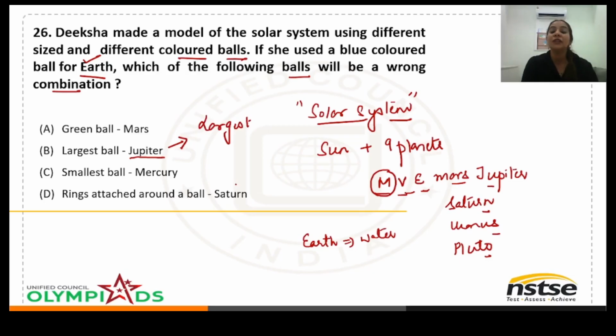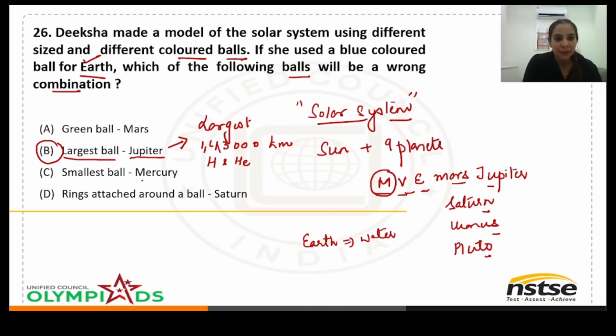Let me tell you that its diameter is approximately 143,000 kilometers. Also, it has an atmosphere which is made up of hydrogen and helium. So she used the largest ball, so this one is true. She has done justice in representing Jupiter.